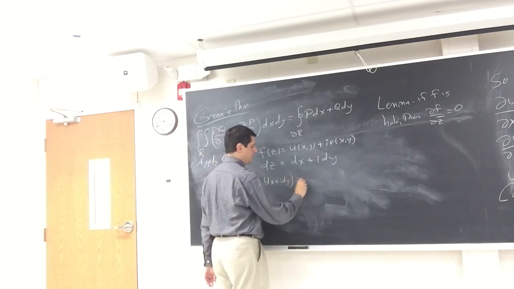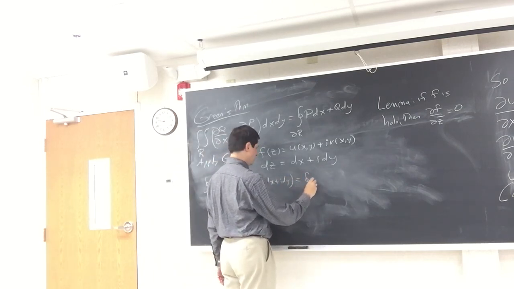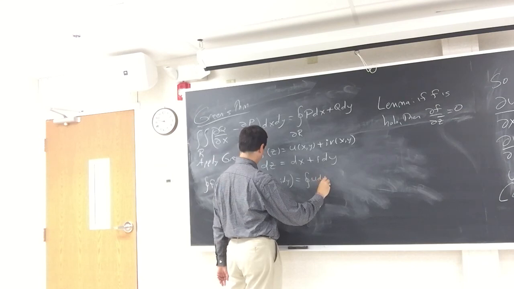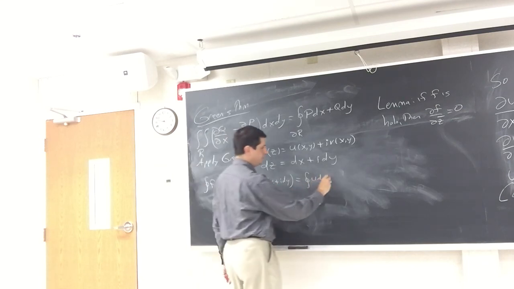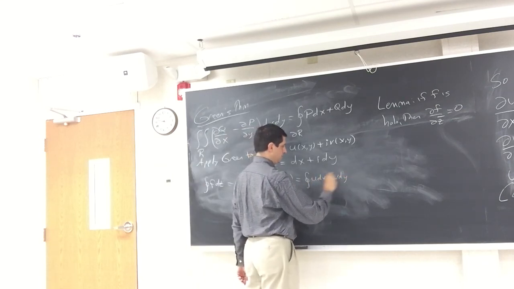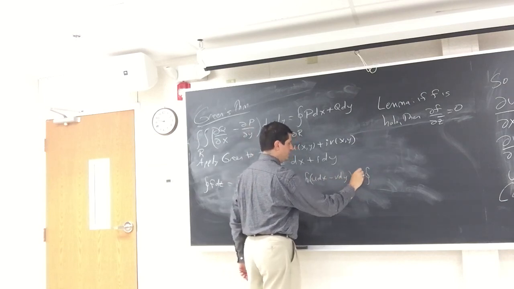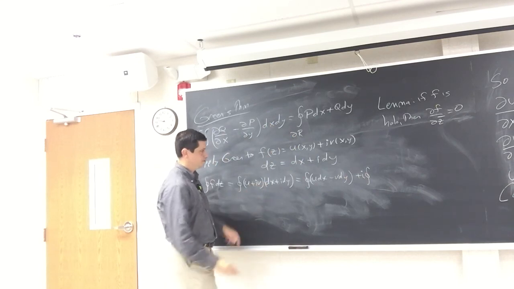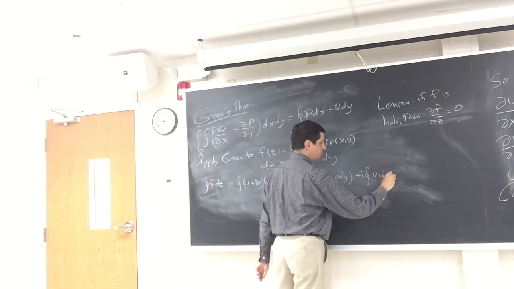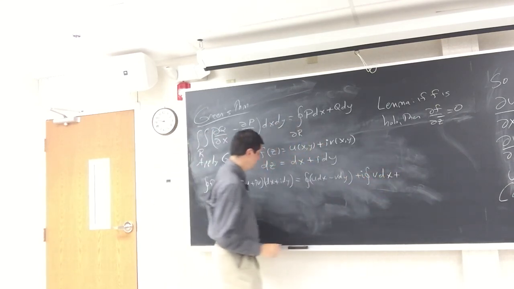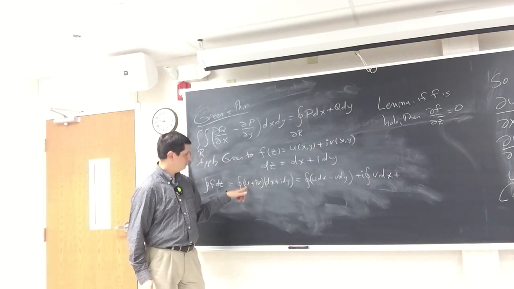This is going to be the integral along a closed curve of u dx minus v dy, plus the integral along a closed curve, and I'm going to pull out the i, of v dx plus u dy.